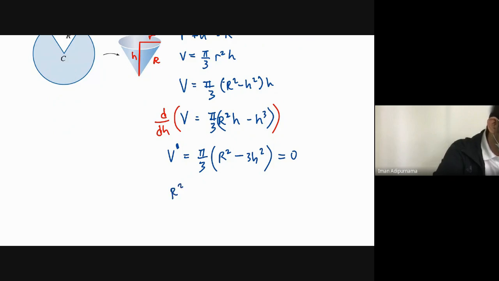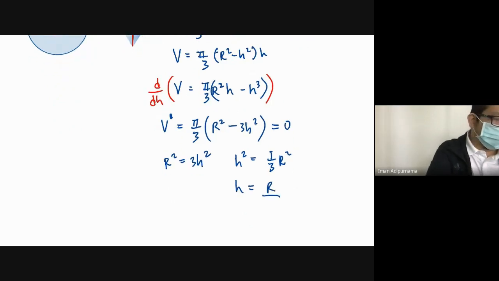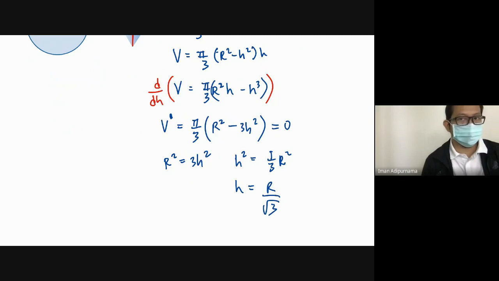So R squared is equal to 3h squared, or h squared is 1 over 3 R squared, and h will be R over square root of 3. So this will be our critical point.